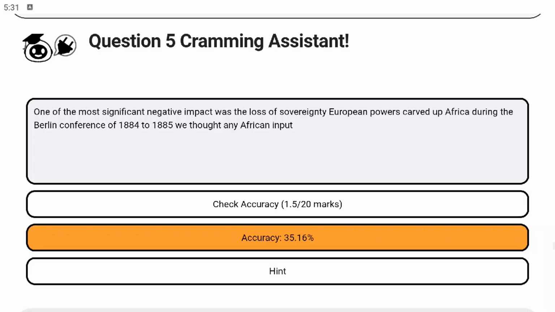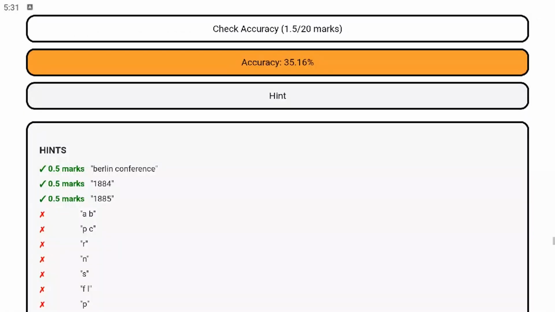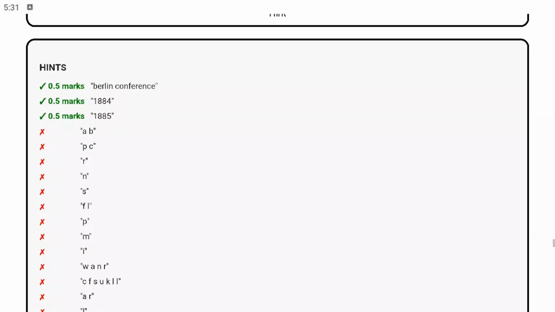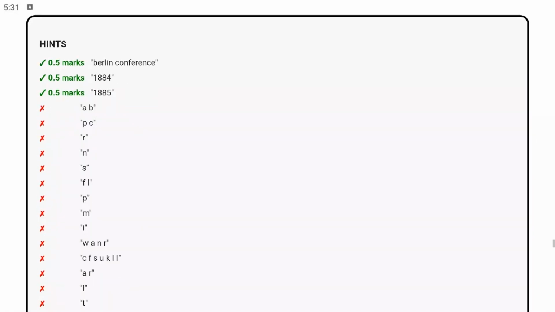Also, there's hints here which I didn't talk about yet. The hint feature actually helps you remember which keywords you are missing, right? It will give you the first letter of the keywords that you are missing in your essay.